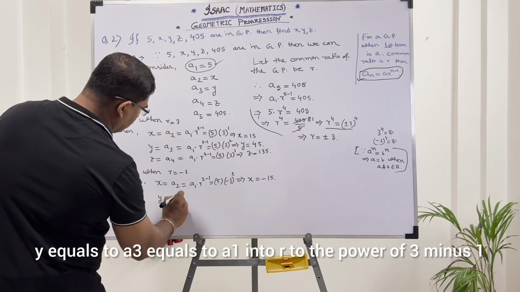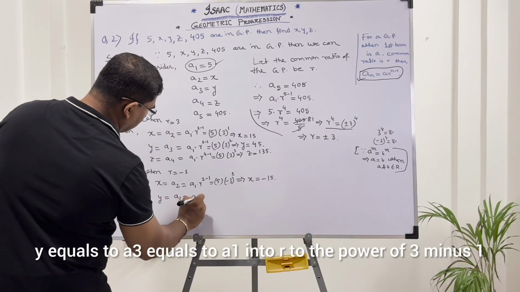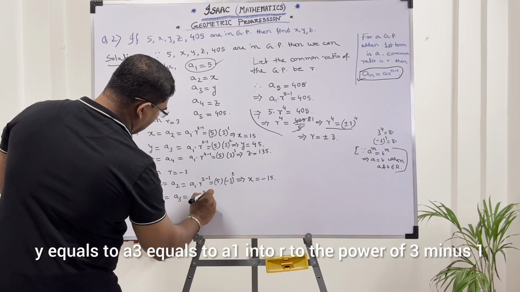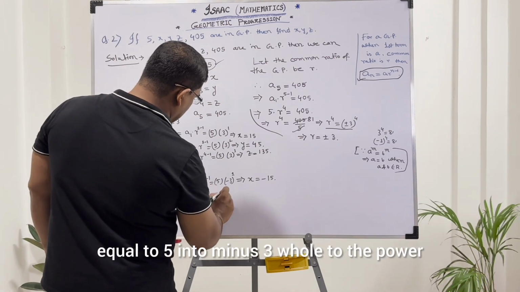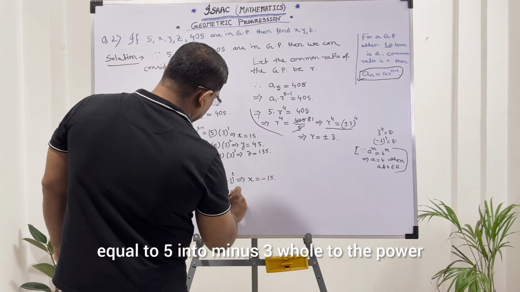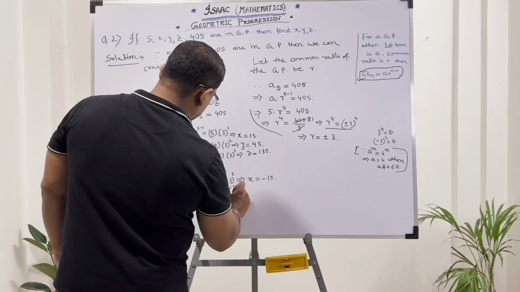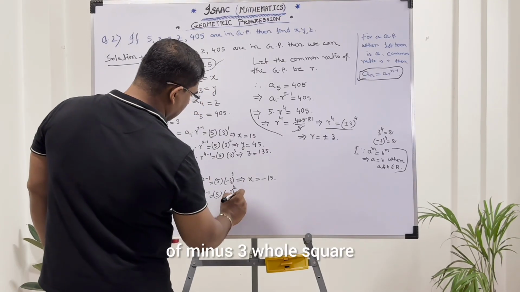Y equals to A3 equals to A1 into R to the power of 3 minus 1 equal to 5 into minus 3 whole square.